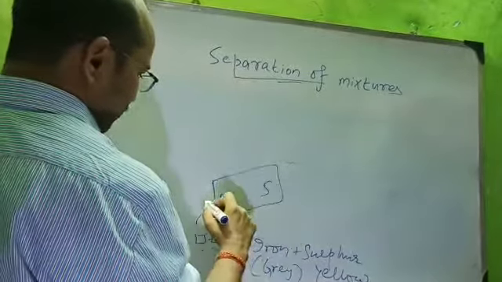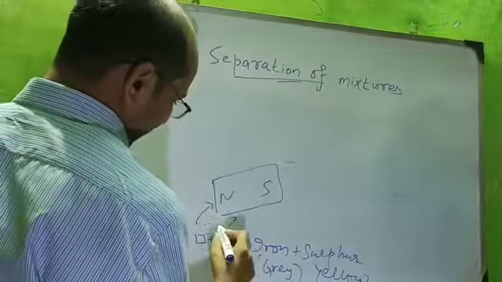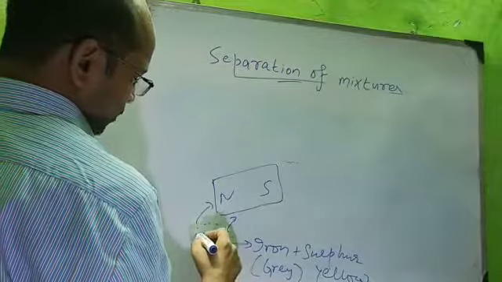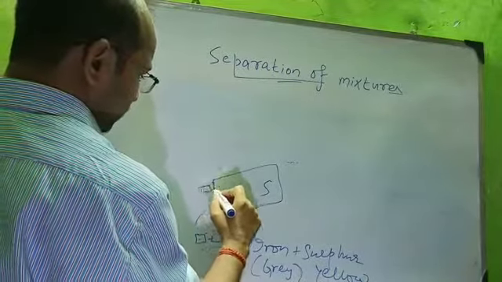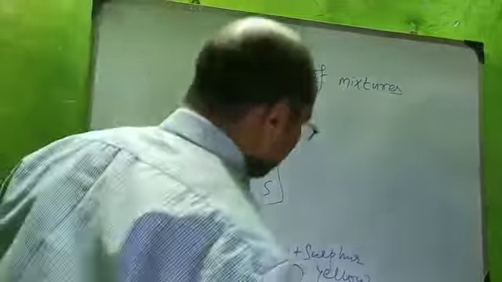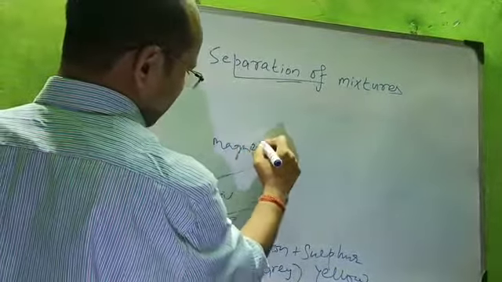What will happen? The magnet will attract all the different pieces of iron, and the sulfur will be left here. These particles of sulfur, which are yellow in color, will be separated, and this process is called magnetic separation.